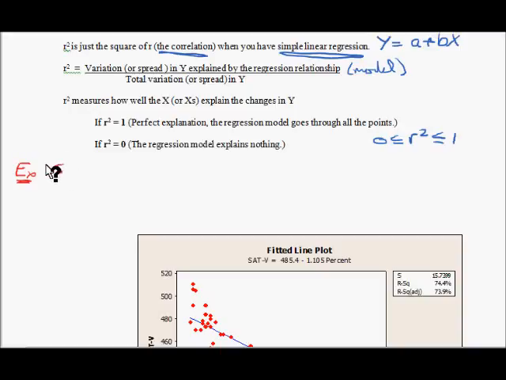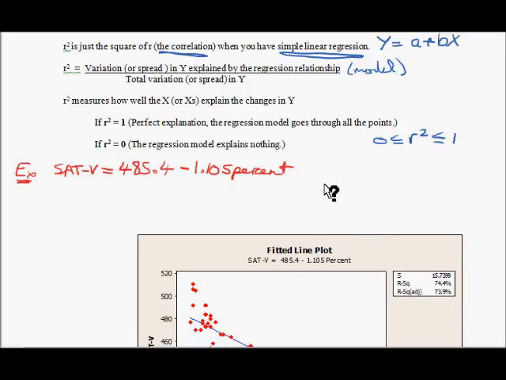Our model is SAT verbal equals 485.4 minus 1.105 times percent. That's the model we've got here.